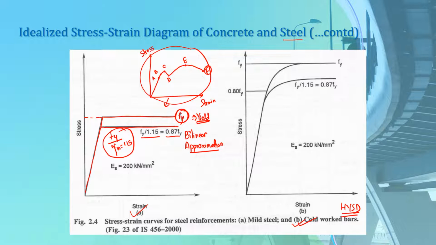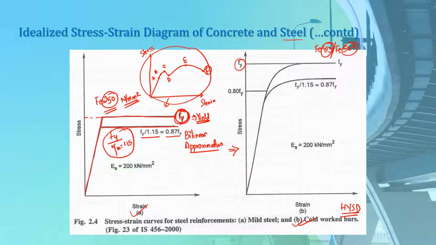But if you look at the cold worked bars or cold twisted bars on the right hand side, the value of Fy is generally not fixed. If we say that our bar is Fe 415 grade or Fe 500 grade, then these numbers 415 and 500 represent the value of yield stress. In case of mild steel, it is Fe 250, and 250 Newton per mm square is the value of our yield stress or Fy.